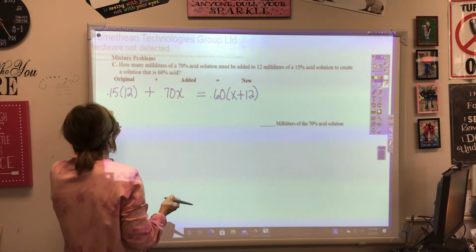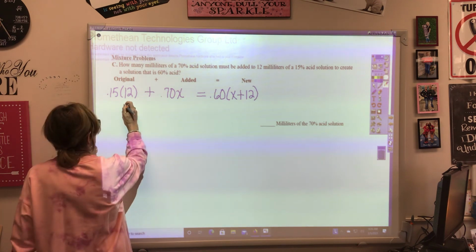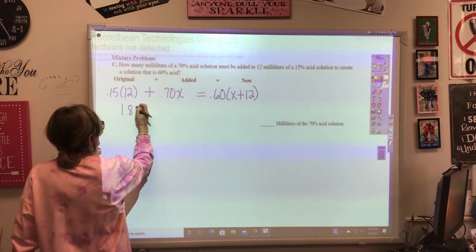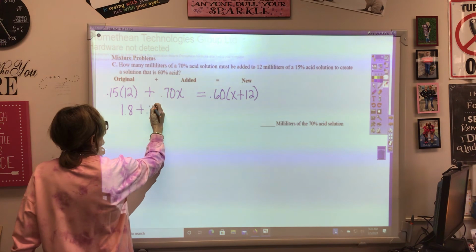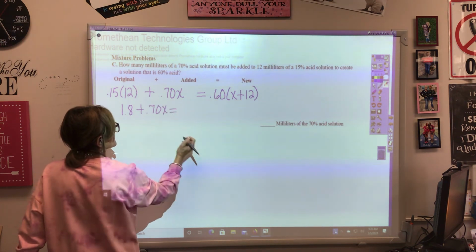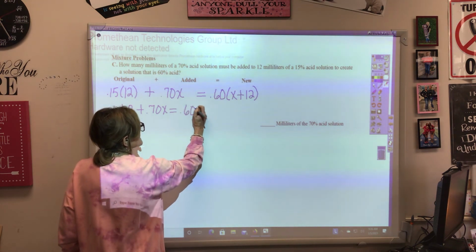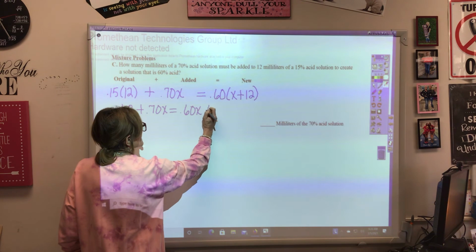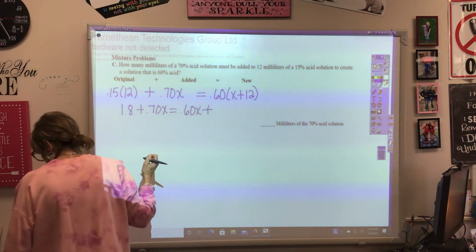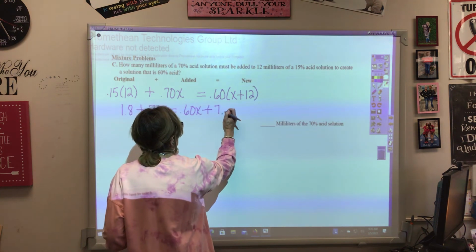So we first multiply 0.15 times 12, and that is 1.8, plus 0.70x equals, now we want to distribute, so we'd have 0.60x plus, I think 7.2, but let me double check, yes, 7.2.